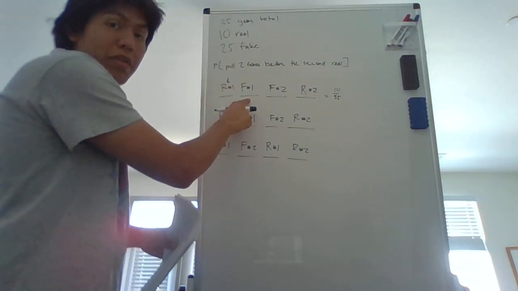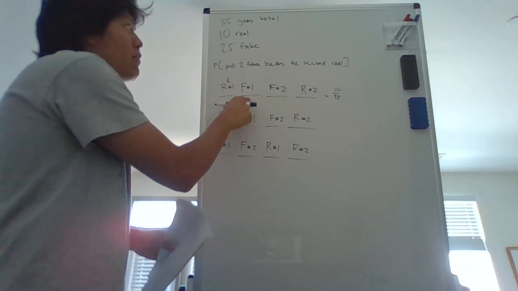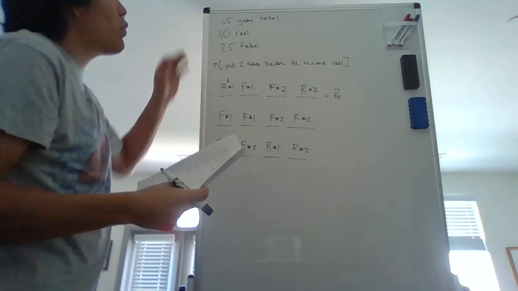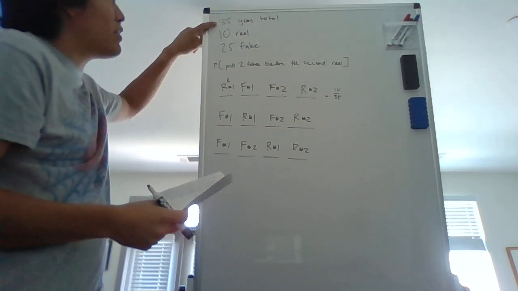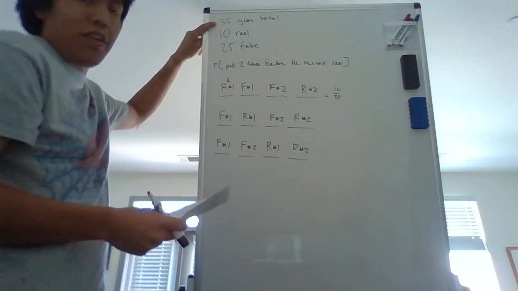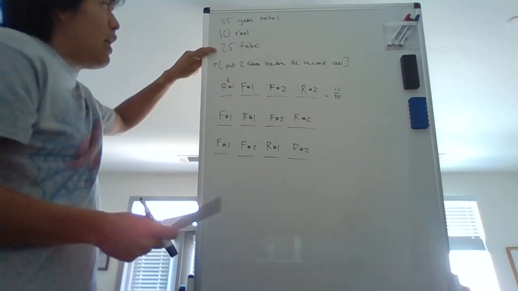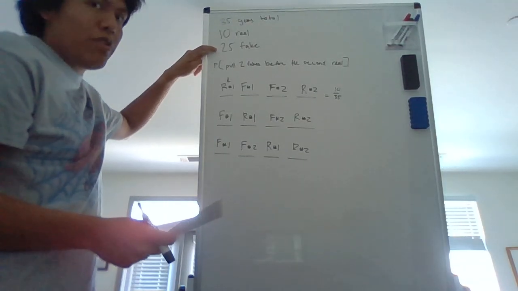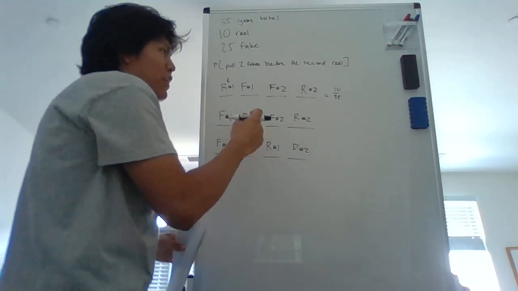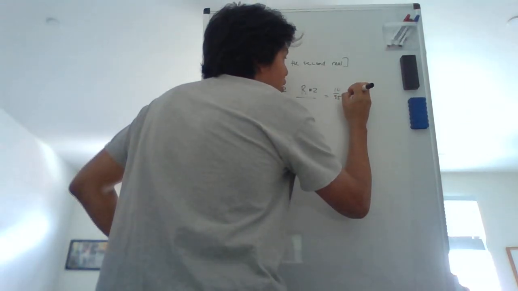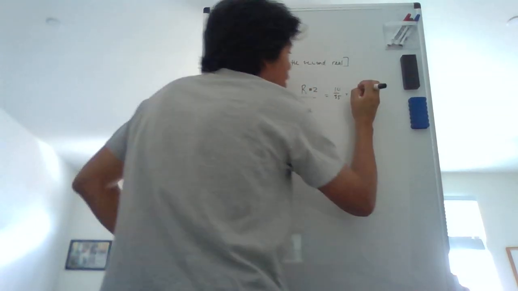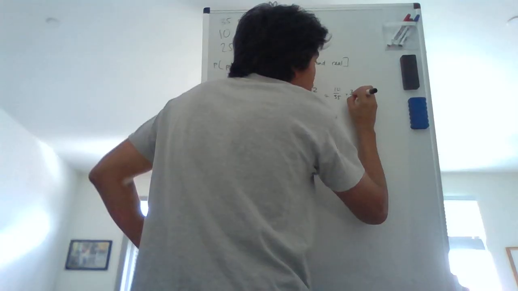What's the probability that we pull a fake gem from the box? Well, we've already pulled out one of the gems. That means there are 34 gems left, not 35. And it's our first fake, so there's still 25 fake. So this gets multiplied by 25 over 34.